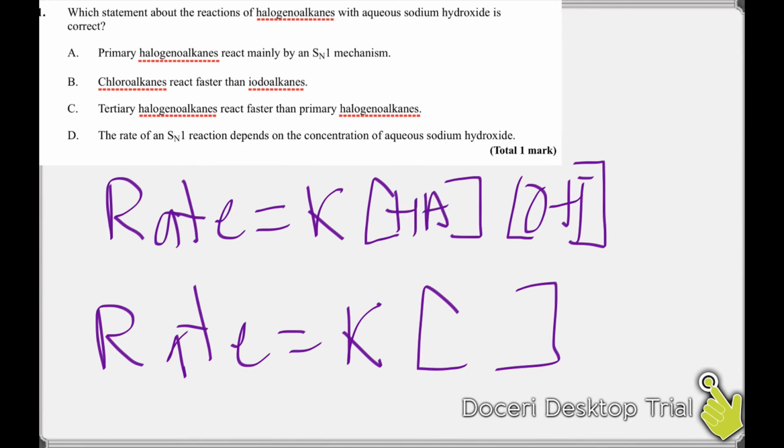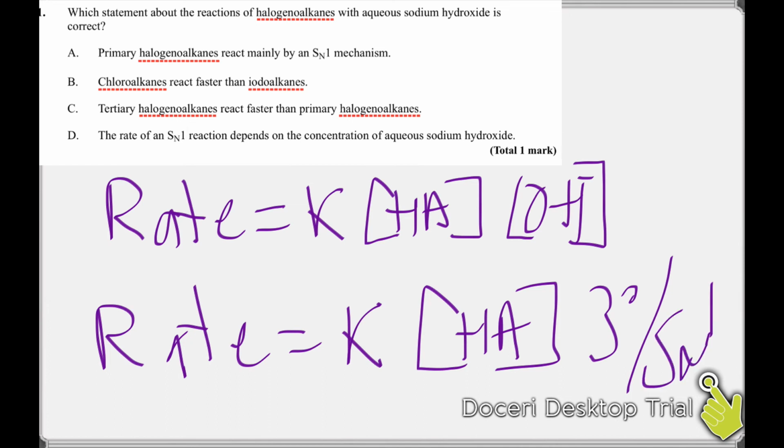We'll just say HA. But in the rate law of the SN1 mechanism, you only have the halogen alkane. There is no hydroxide in the rate law for the tertiary halogen alkane, which goes by SN1. So then, therefore, this is also wrong because there's no hydroxide in the rate law.